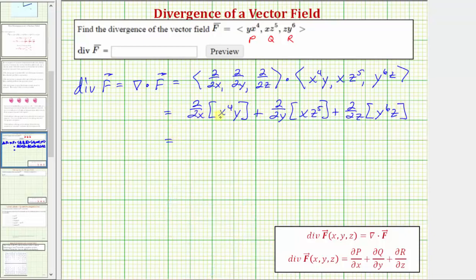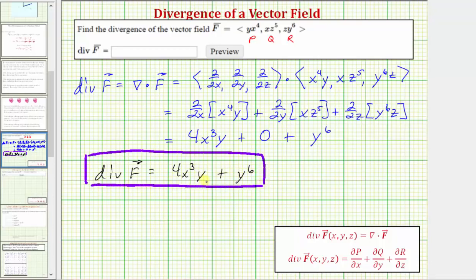So the partial derivative of x to the fourth y with respect to x would be 4x to the third y plus the partial derivative of xz to the fifth with respect to y would be 0 plus the partial derivative of y to the sixth z with respect to z would be y to the sixth, which means the divergence of the vector field f is equal to 4x to the third y plus y to the sixth.